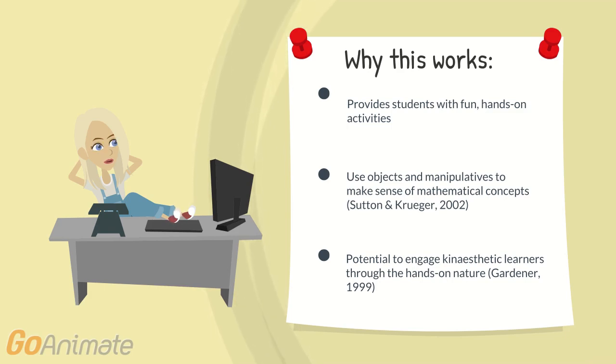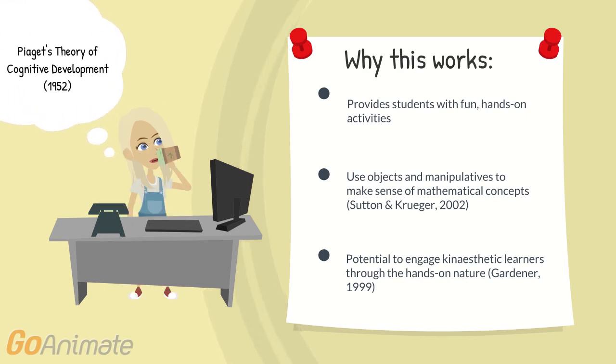This means that students get to engage and interact with the materials whilst also making sense of the likelihood of pulling out different colours. This pedagogy can be linked to Piaget's theory of cognitive development, which states that people learn best by doing something concrete first. It also has the potential to engage diverse students who learn kinesthetically.